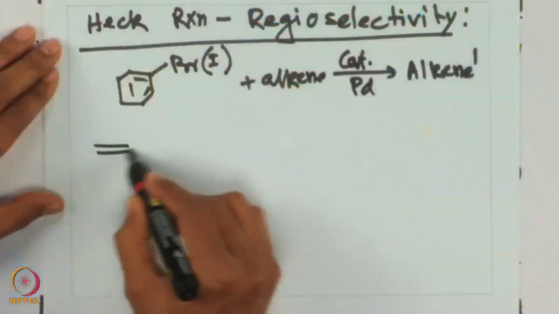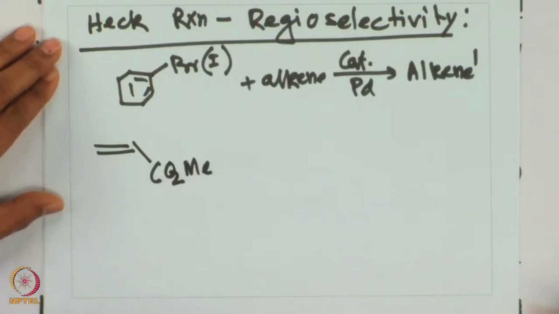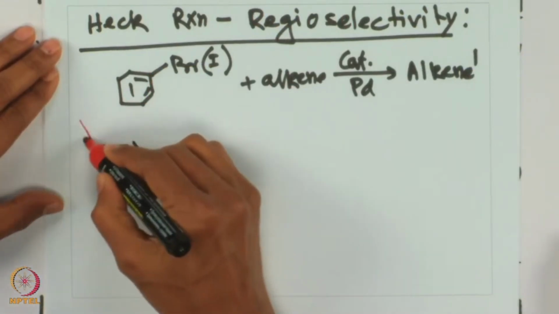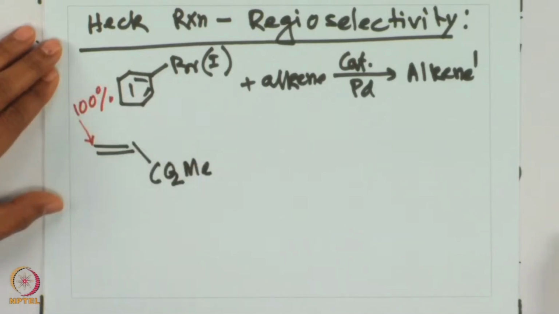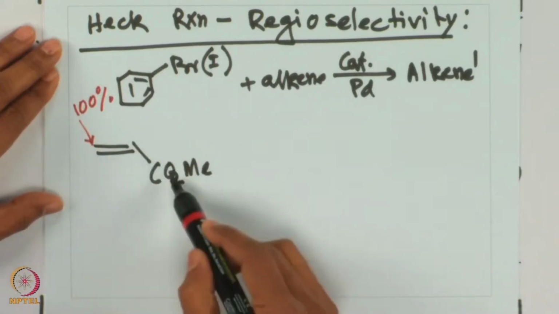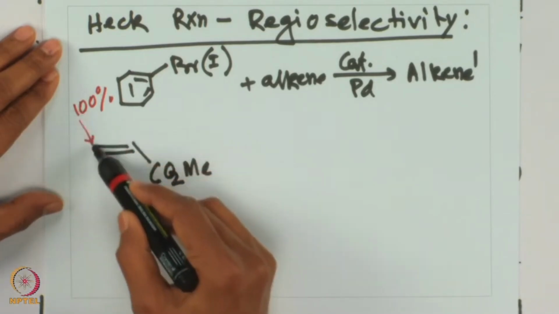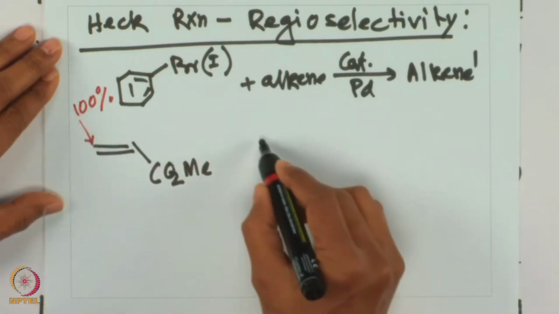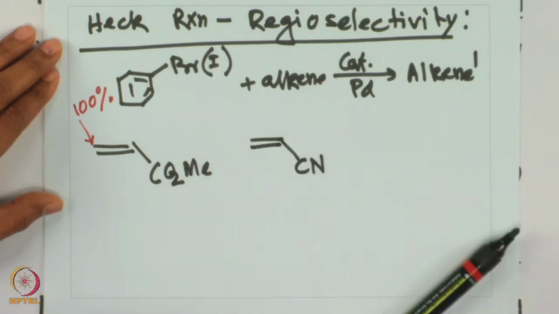So, for example, if you take methyl acrylate, we get 100% selectivity at this carbon. That is good. That means with an electron withdrawing group, we have 100% selectivity at the terminal position at the end. Similar thing is true for acrylonitrile.